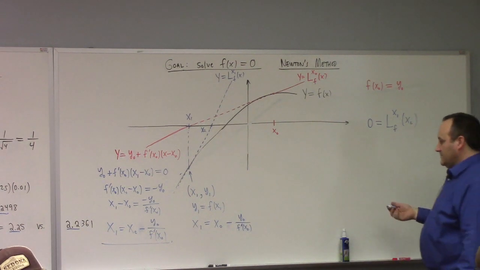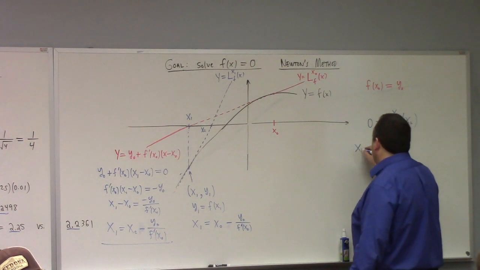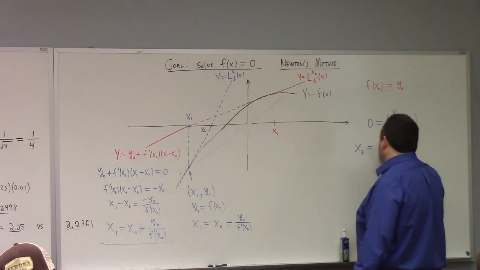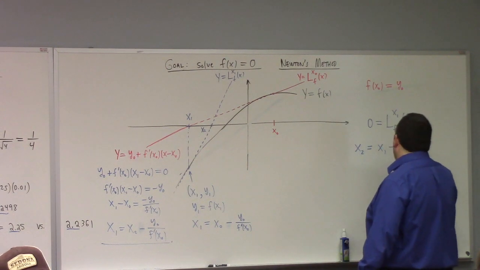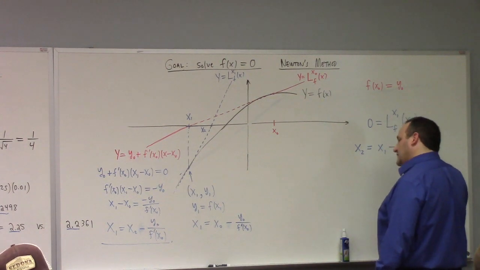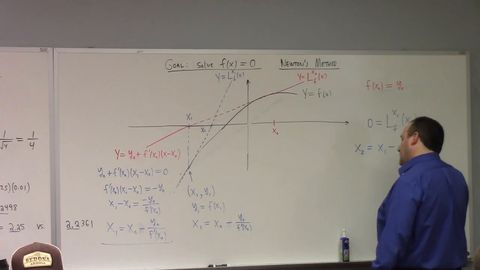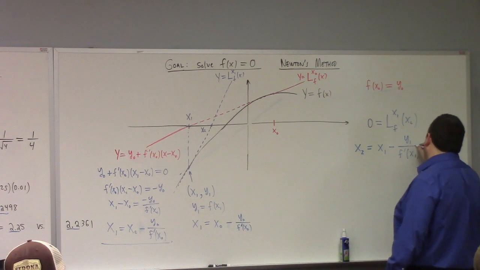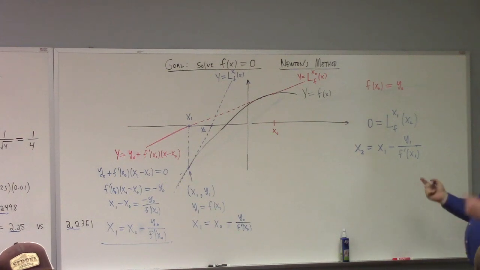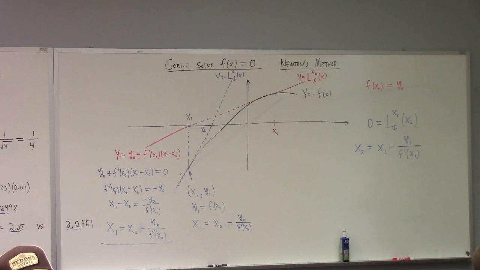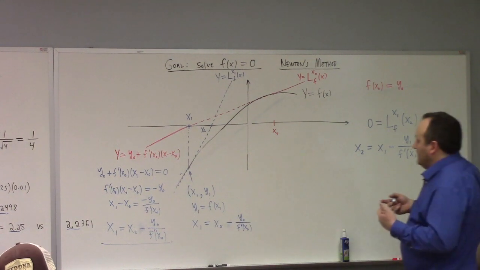So when we work that out, we'll find by the same algebra we just did that x2 is equal to x1 minus y1 divided by f prime of x1, because the role of x1 and x2 is the same as the role of x0 and x1. And that will give me another tangent line.